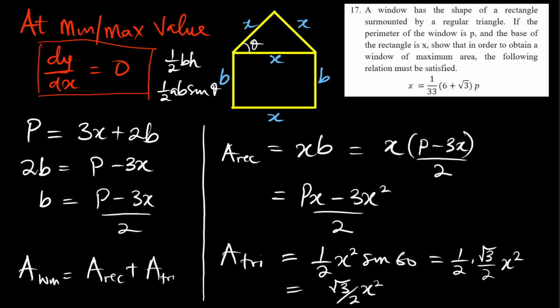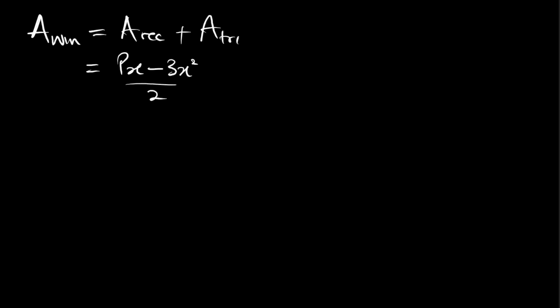Let's go on and add up these two things. So area of the window is equal to area of rectangle plus area of triangle. The area of rectangle was (px minus 3x squared) all over 2, plus the area of triangle, which was root 3 over 4 x squared.